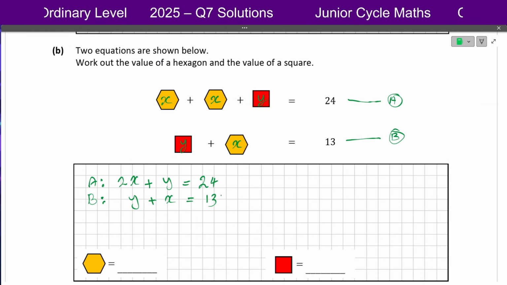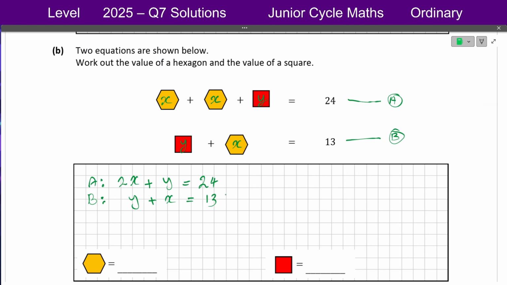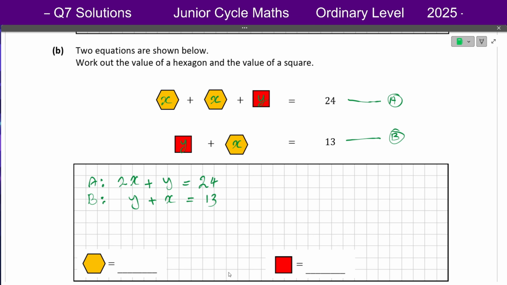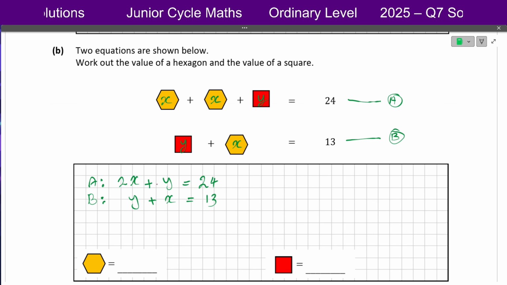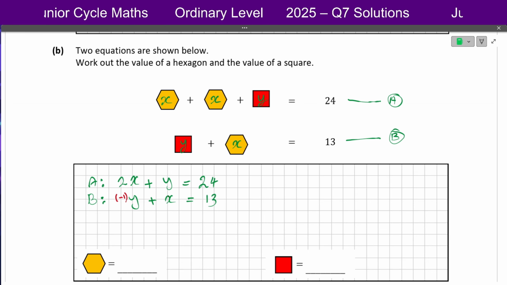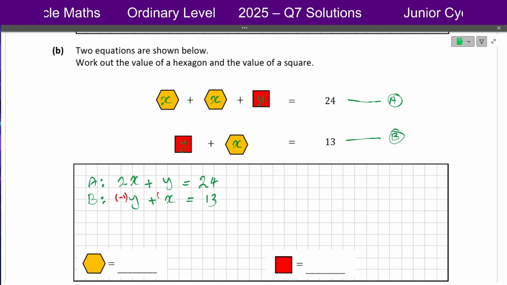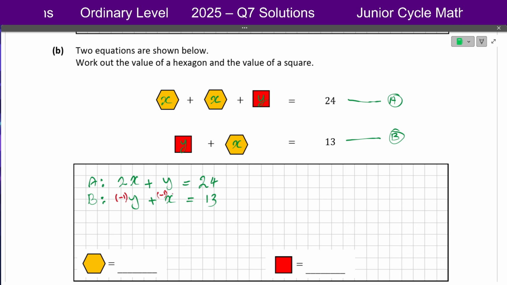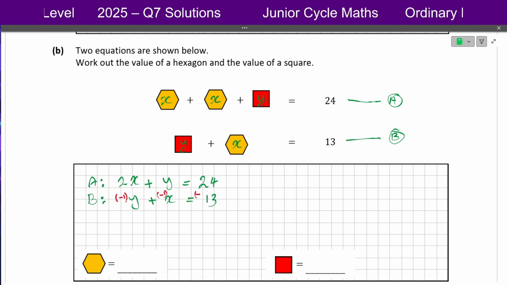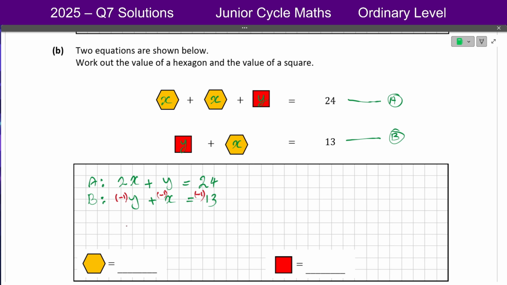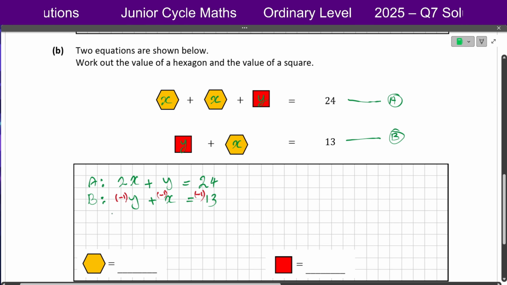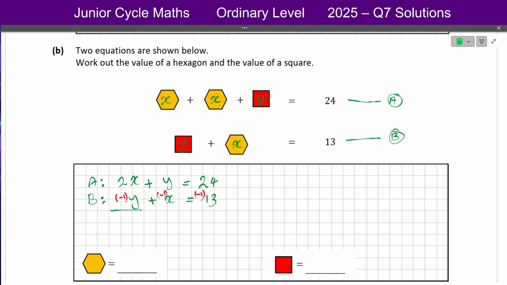We can do that by multiplying both sides of equation 2 by minus 1, and then we add the 2 equations together. So we have minus 1 here for the variable y, and for the variable x we also have minus 1, and here minus 13. Now we can add the 2 equations together, like this.